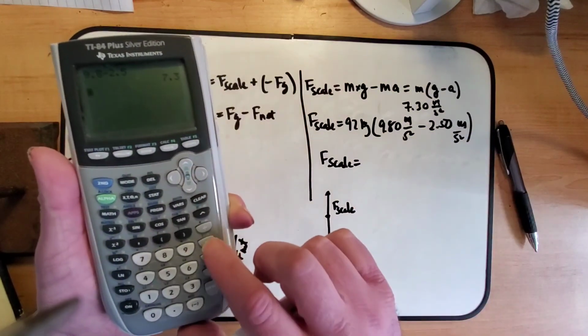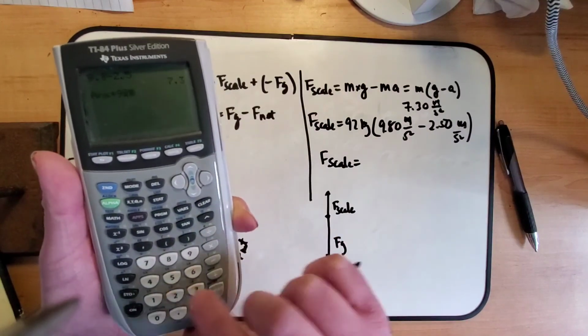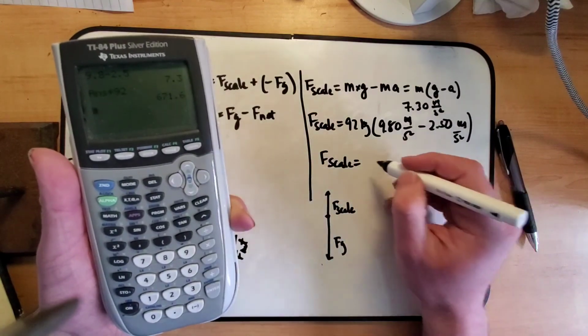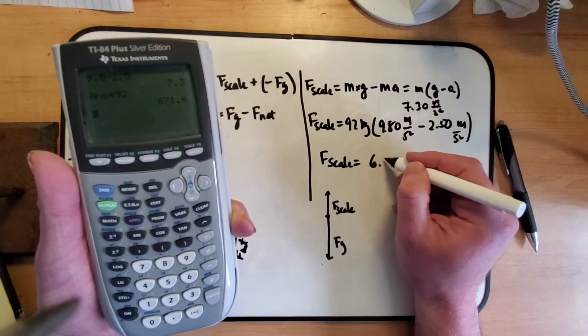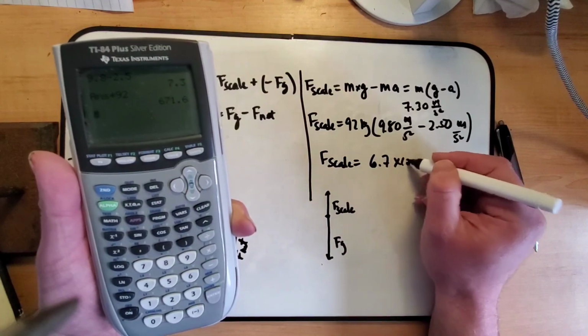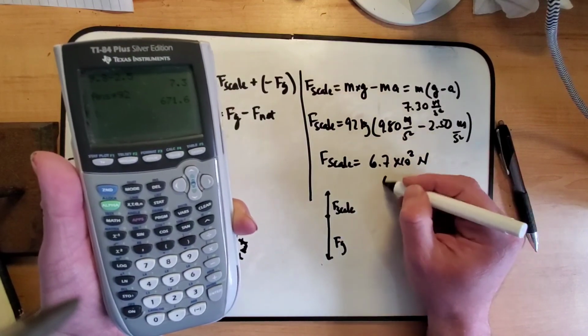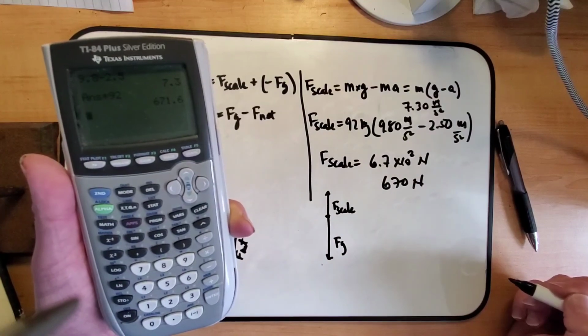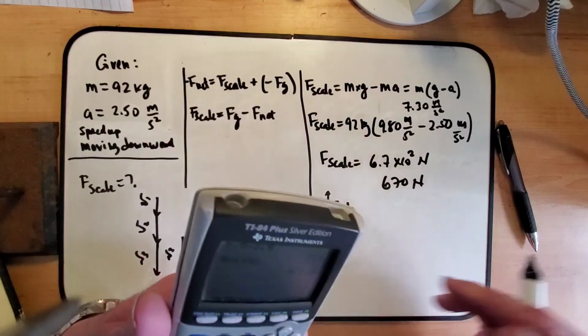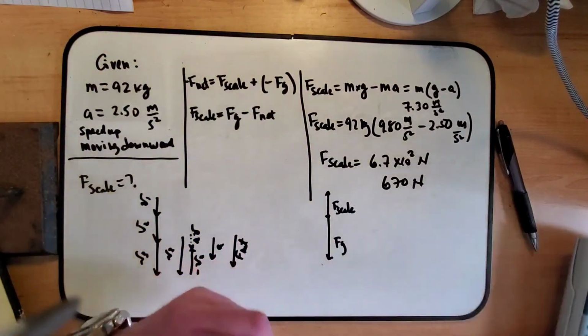And all I have to do now is multiply this by 92. And I got the same answer, guys, as the previous problem, which will be 6.7 times 10 to the positive 2 newtons. We can also state this number as such. And that's how you solve the elevator problem when it's speeding up, moving downward.